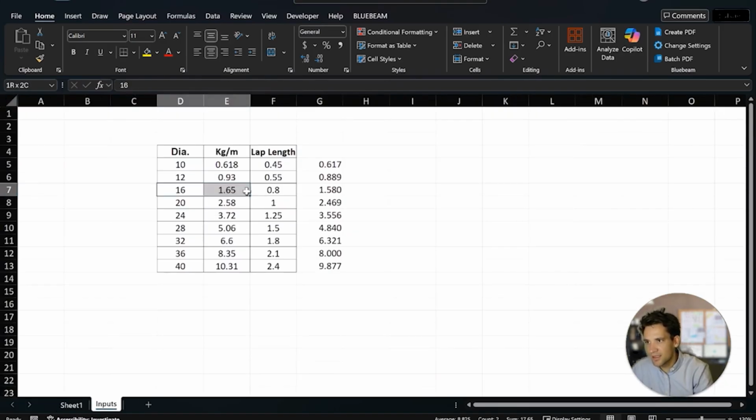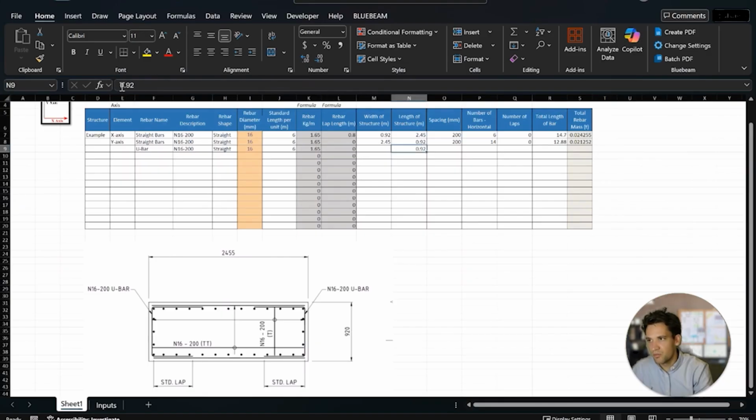So if we look up N16, standard lap length is 800 mil. So go 0.92 plus 0.8 times 2. Ignore the spacing, and because there's 2 of these U-bars, we'll just make that 2. We'll get the total length of bars, which is going to be 5 meters for those 2 U connections, and that gives us that weight.